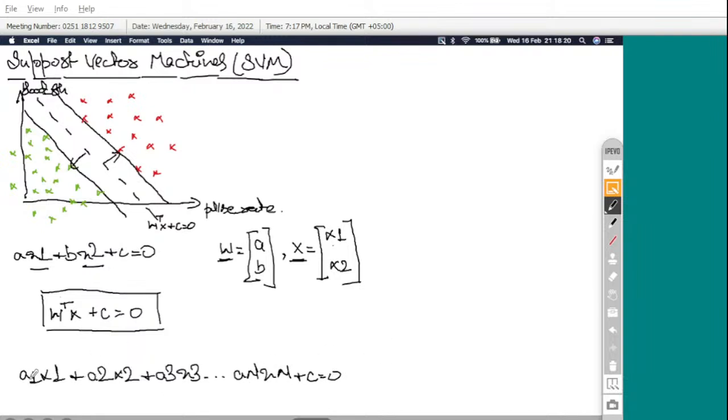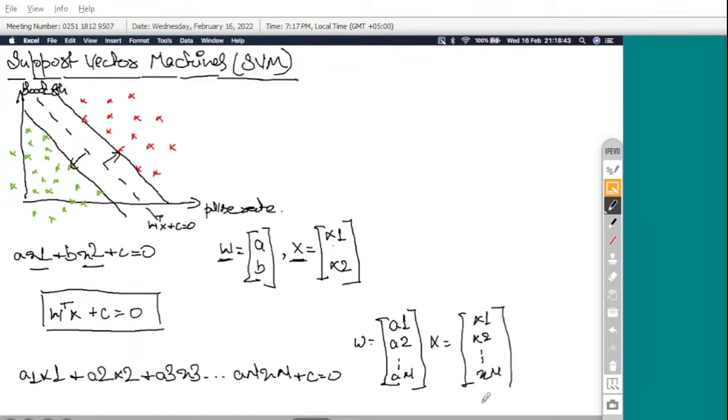In this case, we can also represent this equation as W transpose X plus C equals to 0, where W will be a1, a2 up to an, and X is going to be x1, x2 up to xn.